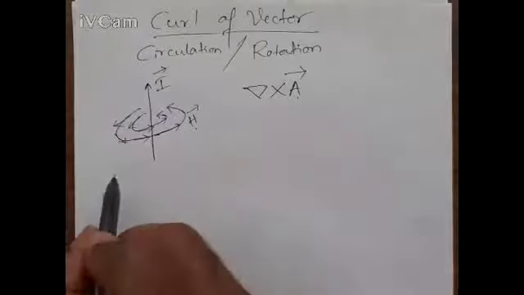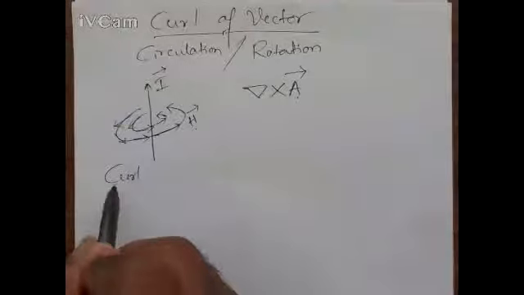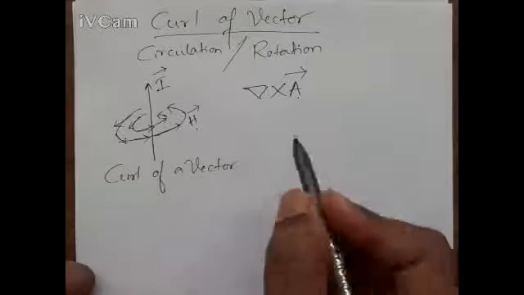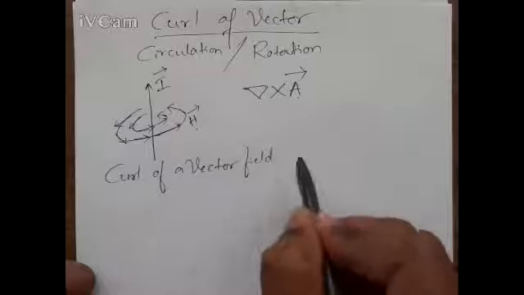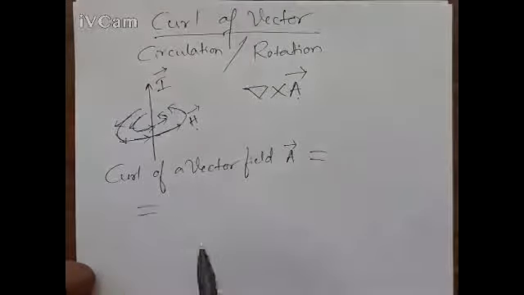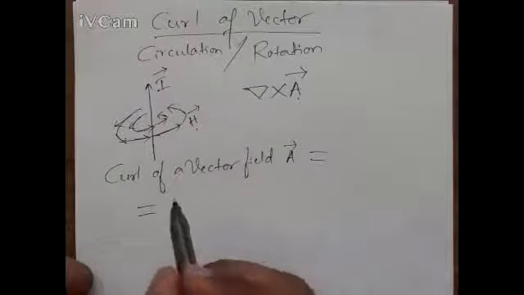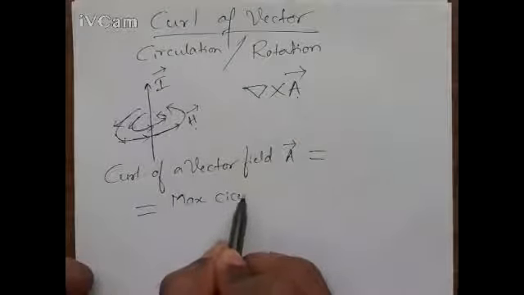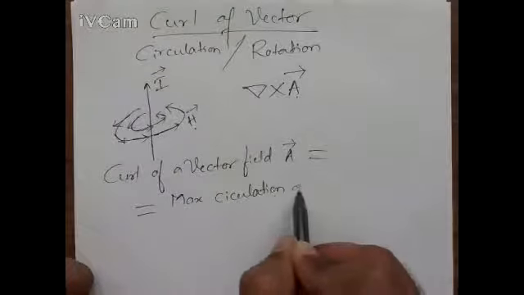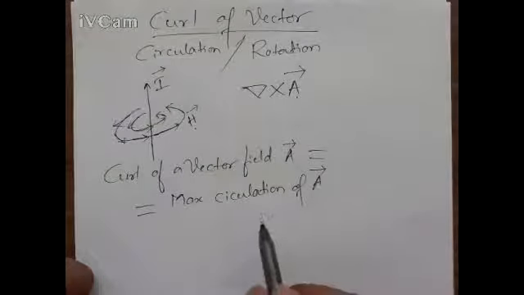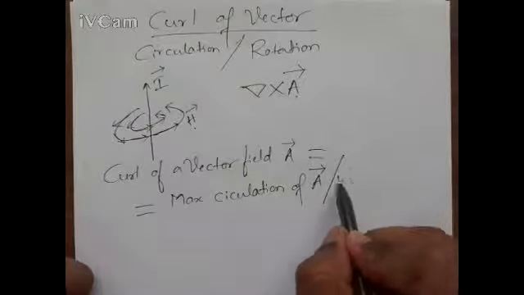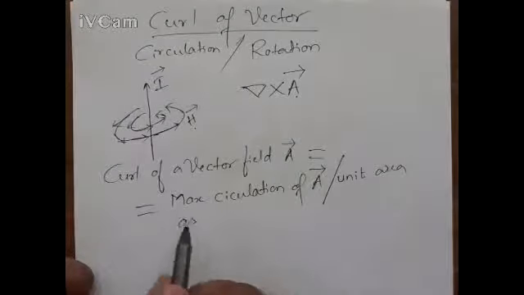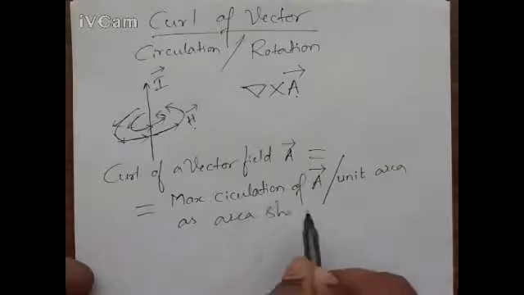The curl of a vector field A says that it is the maximum circulation of the vector field A per unit area, as the area shrinks.